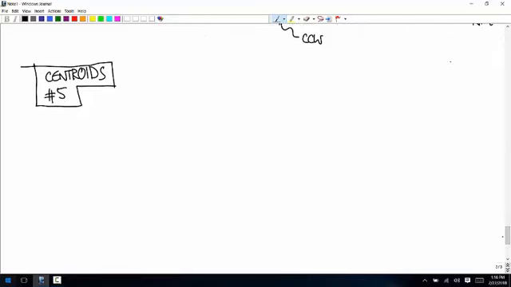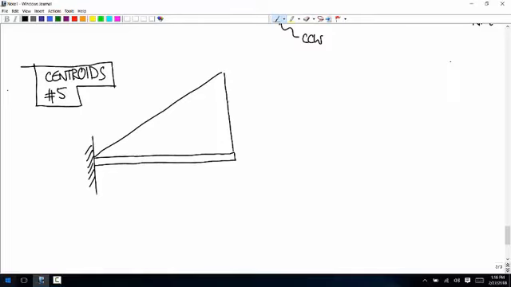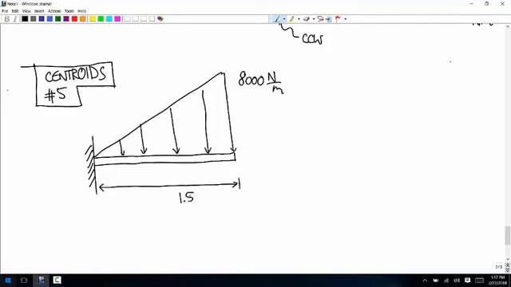It looks pretty much like the one we just did, but the cantilever is on the other side. So we have this beam. We have a distributed load with a maximum of 8,000 newtons per meter. And the length is 1.5. And we want to calculate the reaction loads at the wall.